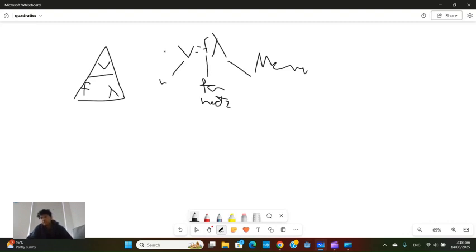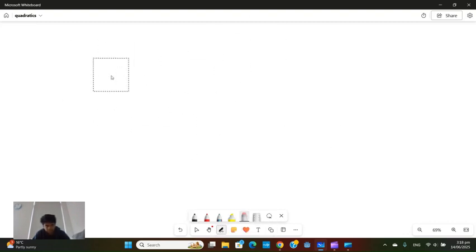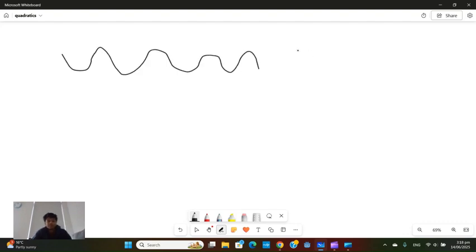So there are also many different types of waves. Some types are divided into transverse and longitudinal. For transverse, we have light. We have the earthquake S waves.